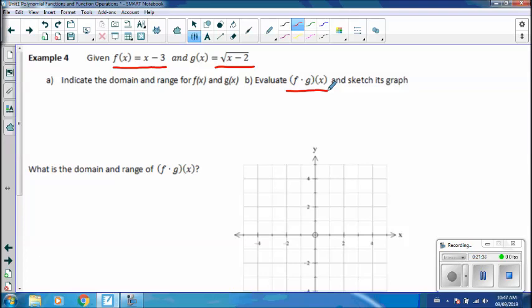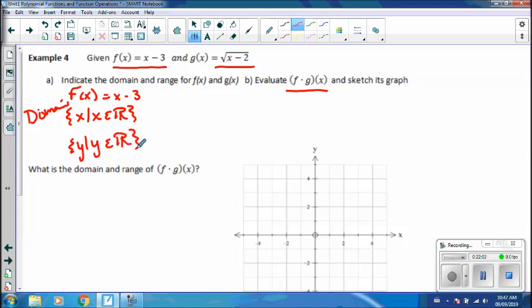So, for f of x, the domain, it's just a linear function. So x can be anything. The range, y can also be anything. Remember, this is just a line.